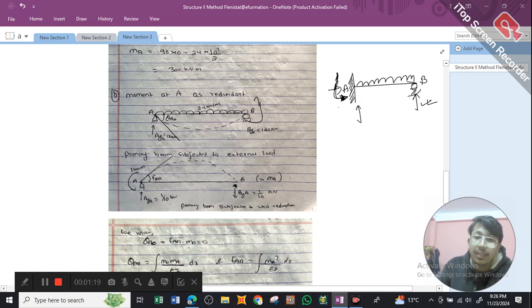If we remove this rotation or the moment at end A, we can draw our beam in this manner.